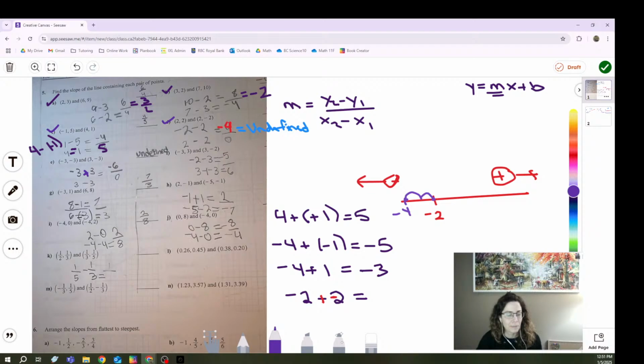Have a look at G. Yes. Okay, so again, subtracting that negative number should have turned it into plus, making that a 9.